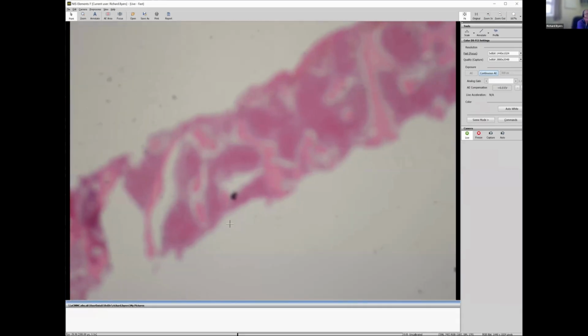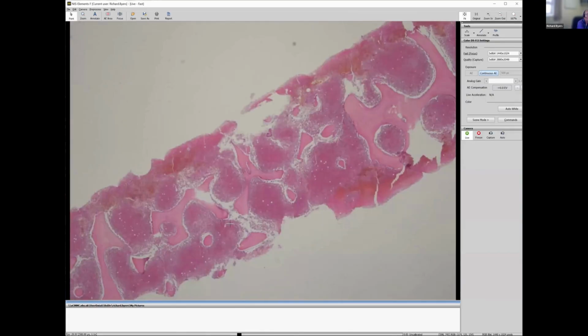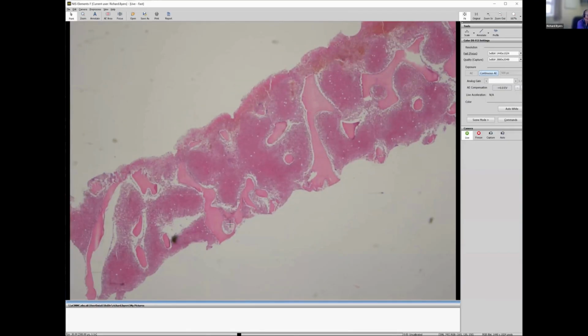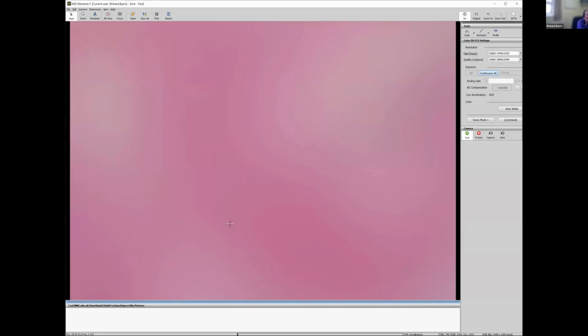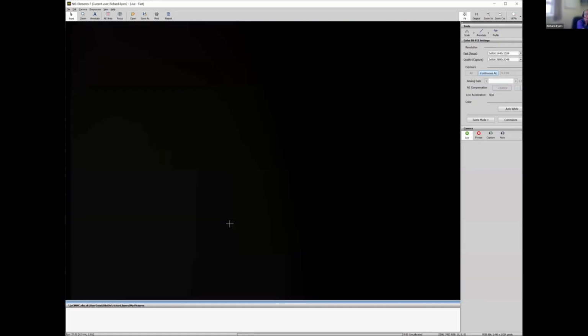Okay, so it's definitely an adequate biopsy, a very adequate core. It's maximally hypercellular. I think even at this power, you can see there's not much variation in the cell size and shape.